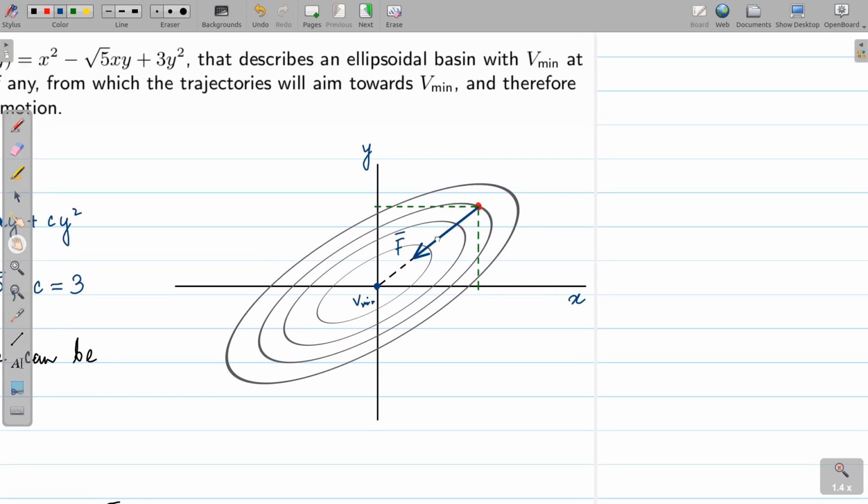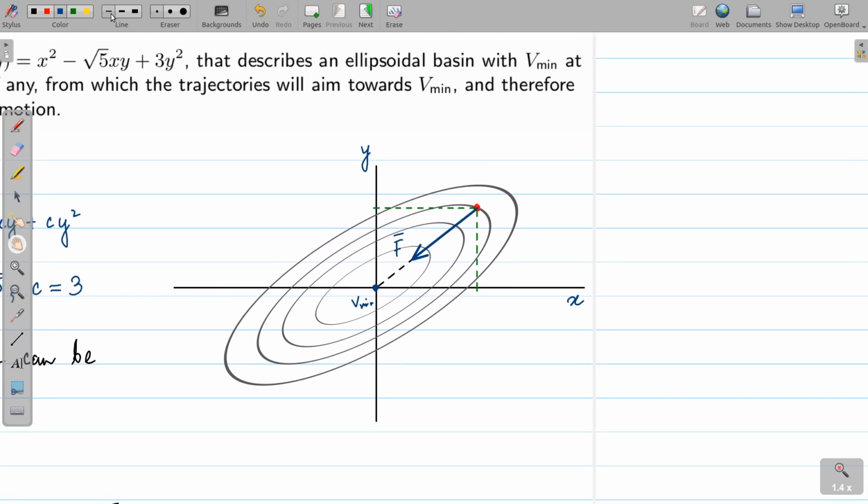So if this is the force, then this will be the x component of the force. And this will be the y component of the force.